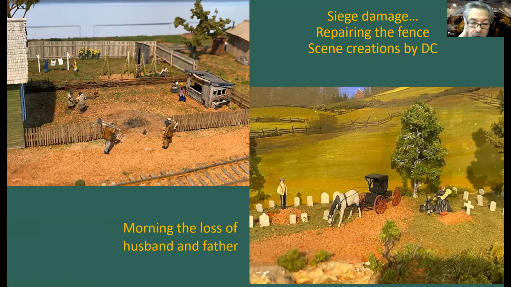Another idea, this was DC's idea, because I had decided after researching that in Kingston there was a huge hospital camp, field camp that was set up there. And there was a couple of notations about a wagon train of wounded and dead that they brought in. So what we did was, I had a cemetery up there. Again, that might have been DC's idea as well.